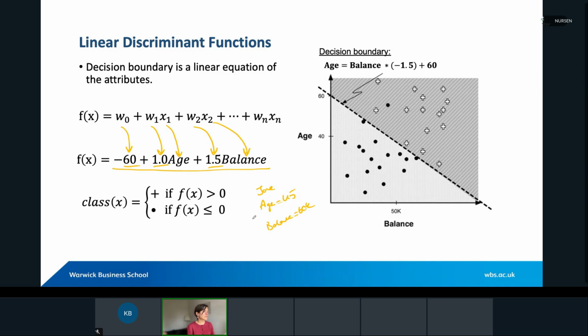Given this customer, we put this into our linear function equation here, and we identify whether it would be over the line on the right-hand side or below the line on the left-hand side. Based on the location where this customer lies, we make a prediction about the outcome, default or not default.